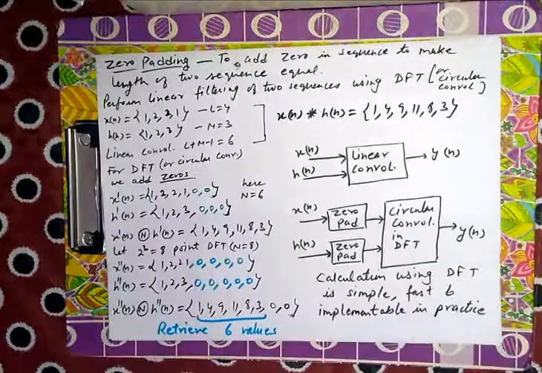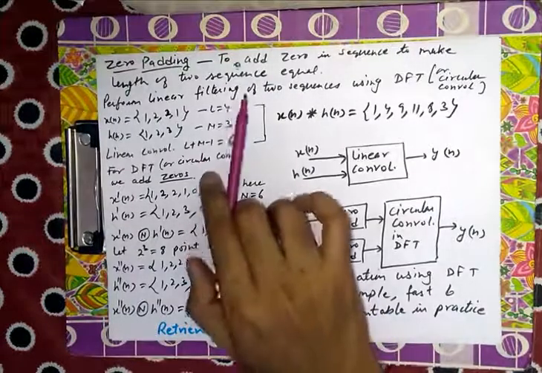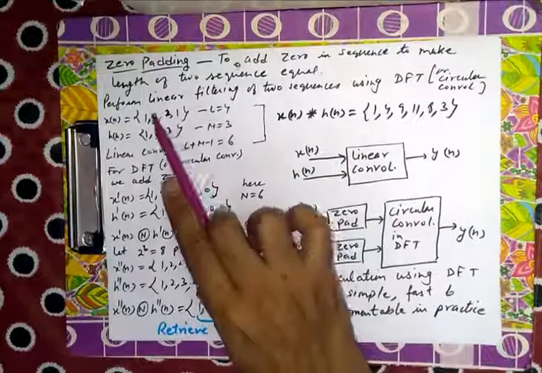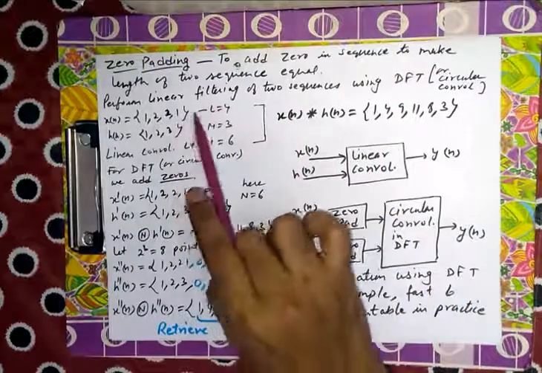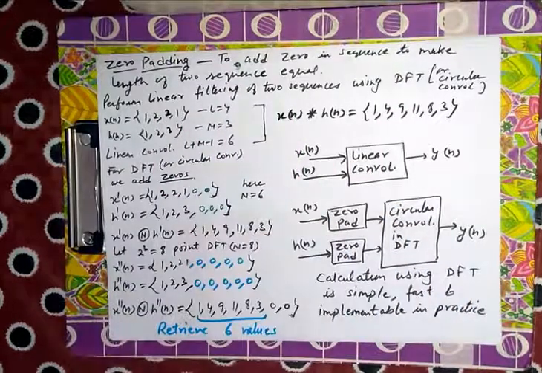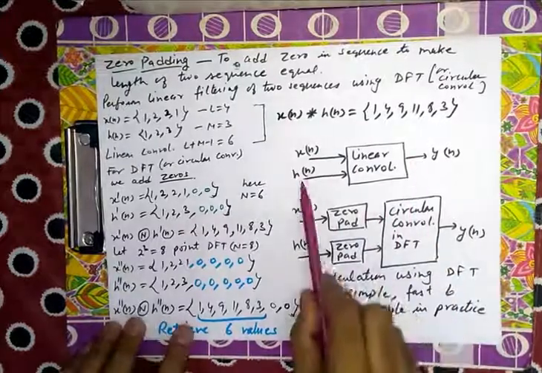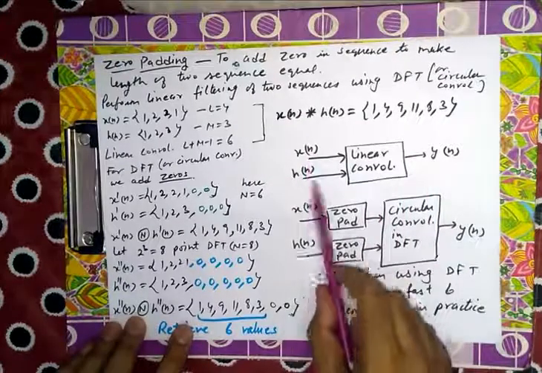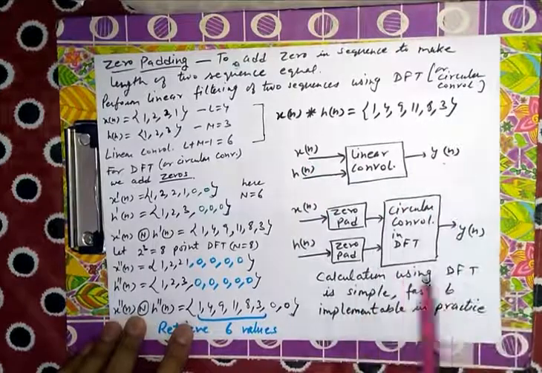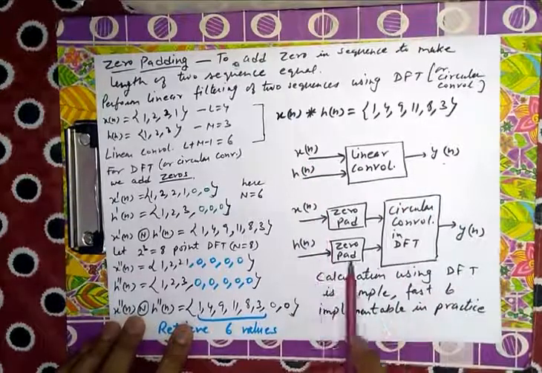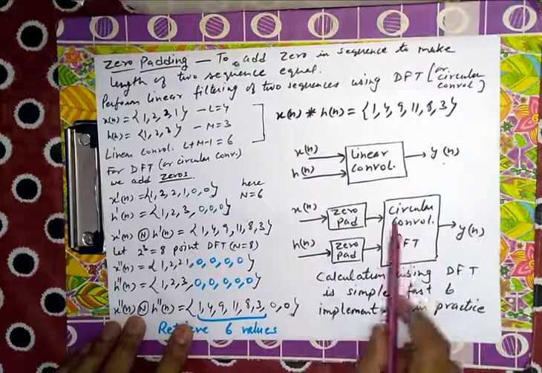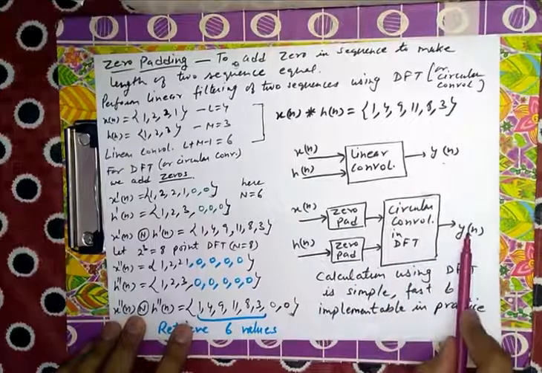So to perform a circular convolution, we should add zeros. The linear convolution of x and h is the same as the circular convolution of the zero-padded x and h.